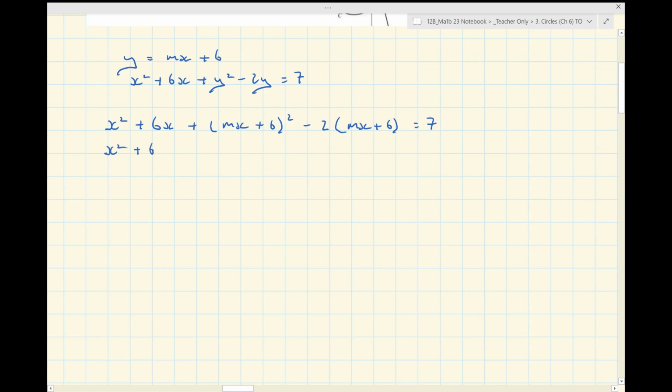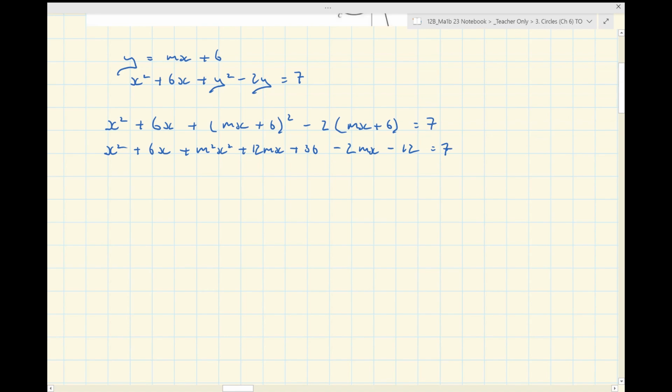So I've got x squared plus 6x. Now I'm going to square mx plus 6. Gives me m squared x squared plus 12mx plus 36. Multiply out this bracket. 2 lots of mx minus 12 equals 7.